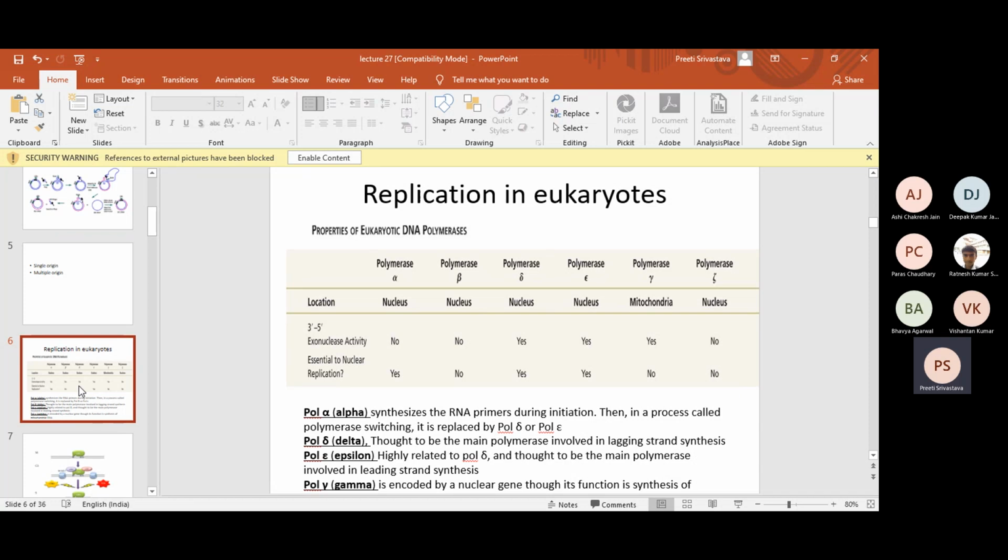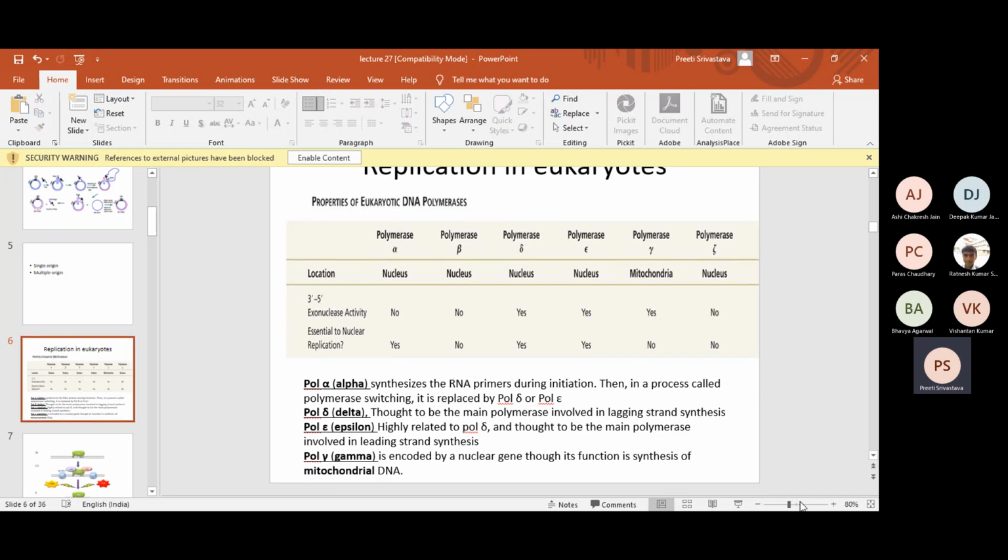Pol alpha synthesizes the RNA primers during initiation. Pol delta is the main polymerase involved in lagging strand synthesis. Pol epsilon is the main polymerase involved in leading strand synthesis. So delta is for lagging and epsilon is for leading. And gamma is involved in, for example, the mitochondrial DNA.